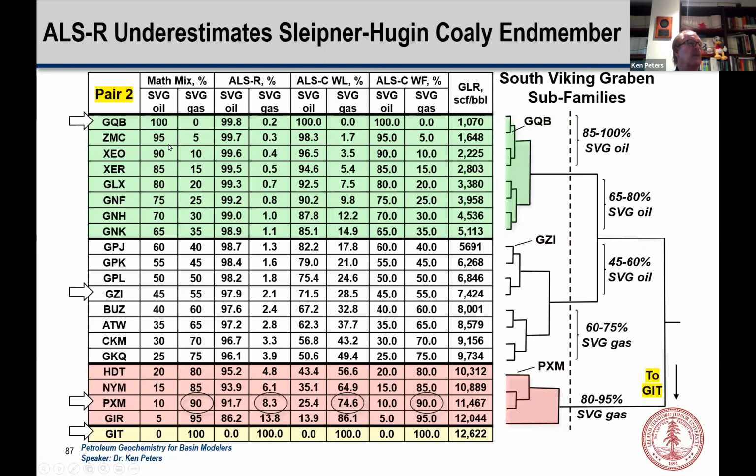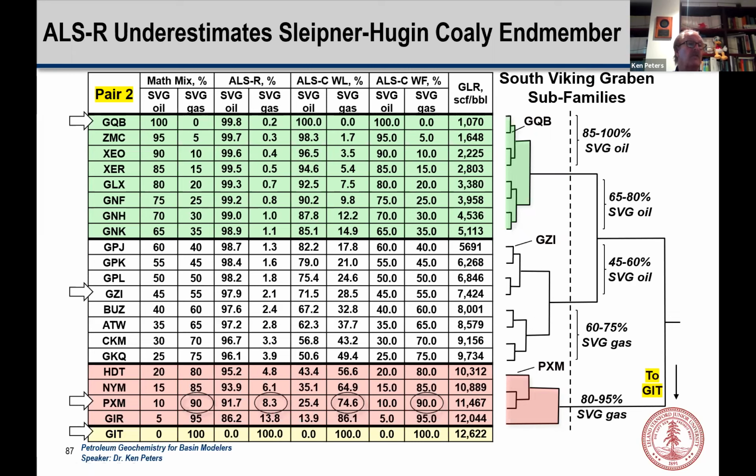And there are those 5% mixtures I told you about, the mathematical mixtures. And here's 65 to 80% Dropney oil, that's the green ones. The clear ones, the white ones, are characterized by GZI. Now we're starting to get significant amounts of SVG gas here, 60 to 75%. It's dominated by the gas input, but it's clustering at the scale we looked at earlier with the Dropney oil.